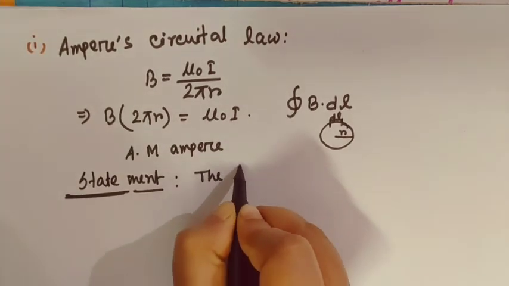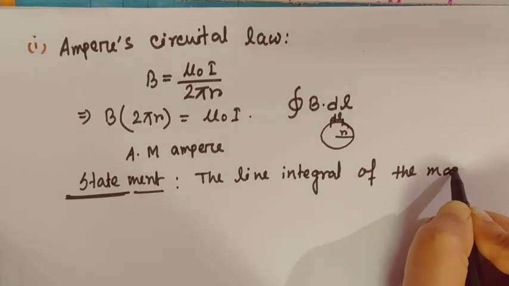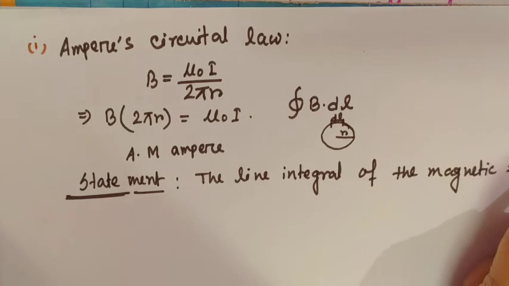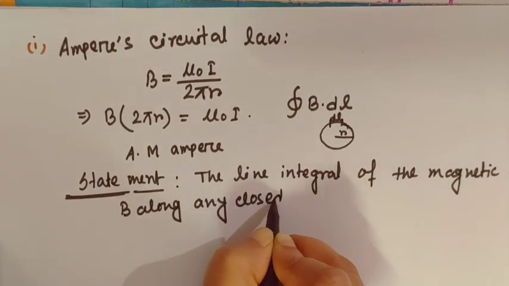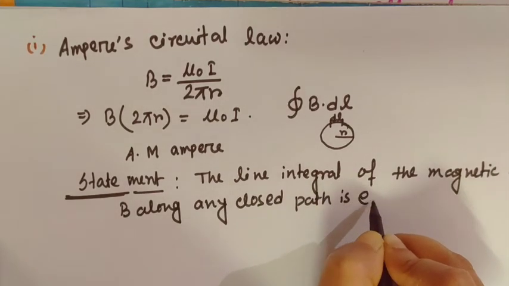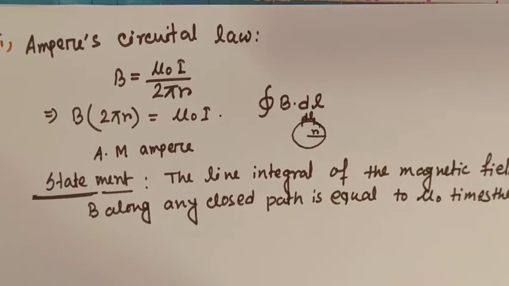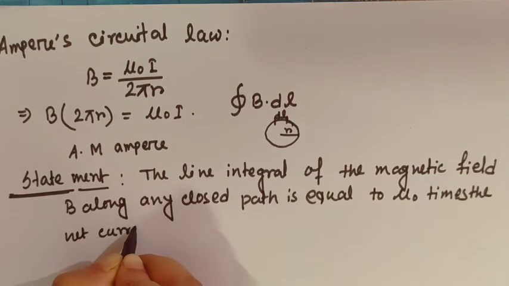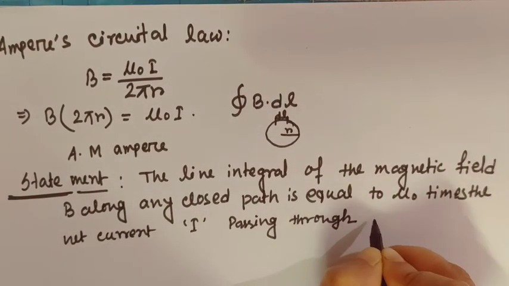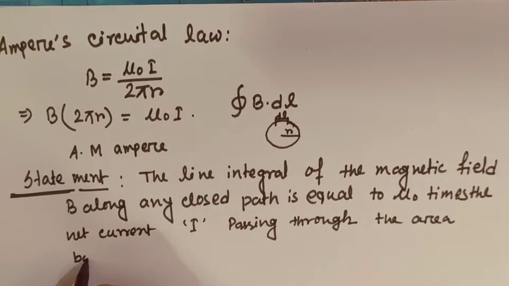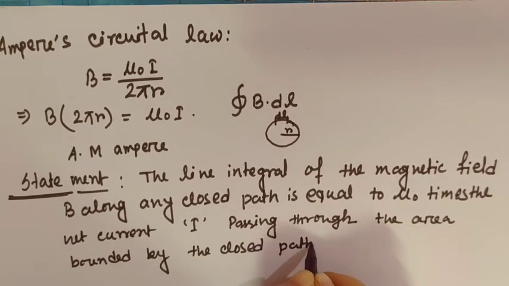The line integral of the magnetic field B along any closed path is equal to mu naught times the net current I passing through the area bounded by the closed path.